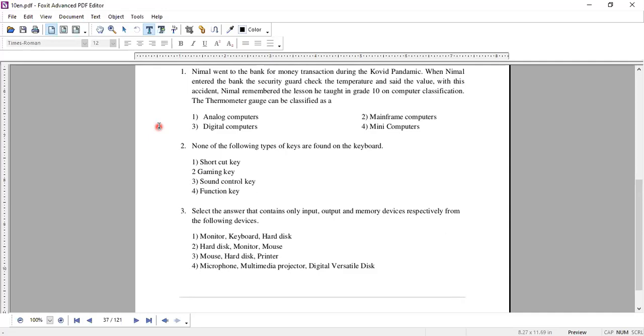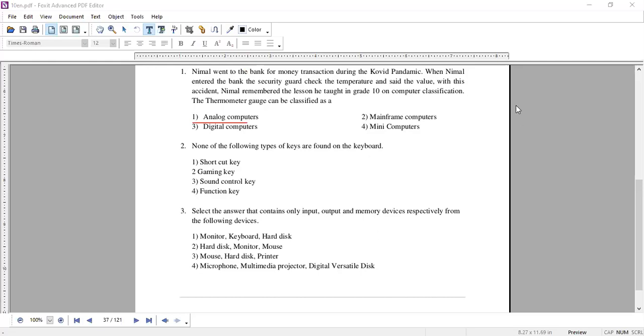With this incident, Nimal remembered the lesson he learned in grade 10 on computer classification. The thermometer gauge can be classified as... So a thermometer comes under analog computers. Analog computers. So I think everyone has put the correct answer.